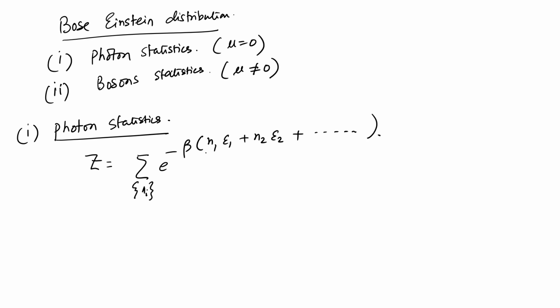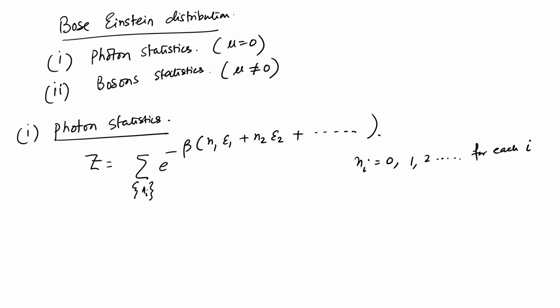These ni's are really like 0, 1, 2 etc. for each I. Okay. And this sum has to be calculated. Okay.